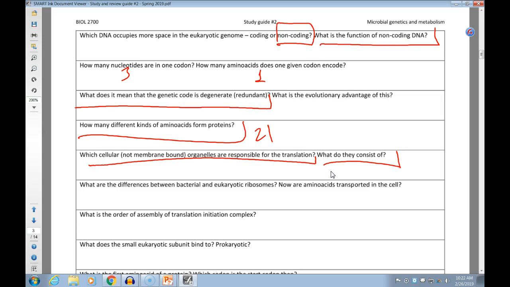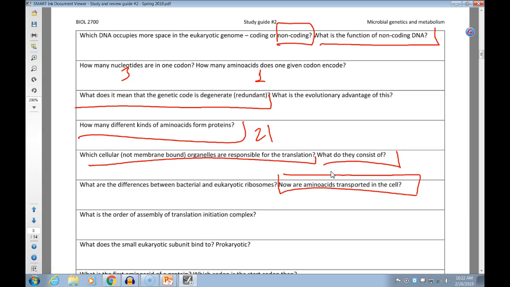When I ask what are the differences between bacterial and eukaryotic ribosomes, I'm not going to ask you to name the actual numbers like 30S and 50S subunits for bacterial. All you need to know is basically they're different. And that's it. Bacterial and eukaryotic ribosomes are different. Amino acids are transported in the cell by tRNA, transfer RNA.